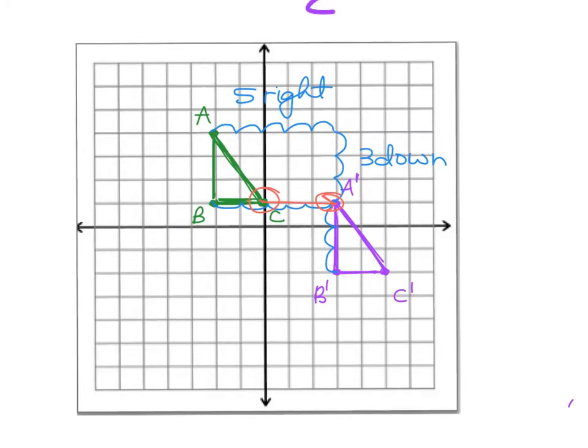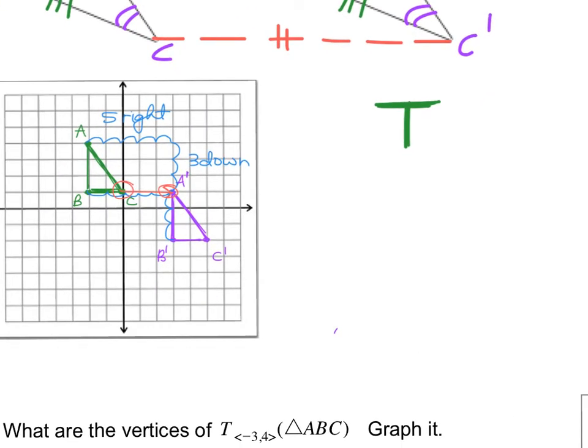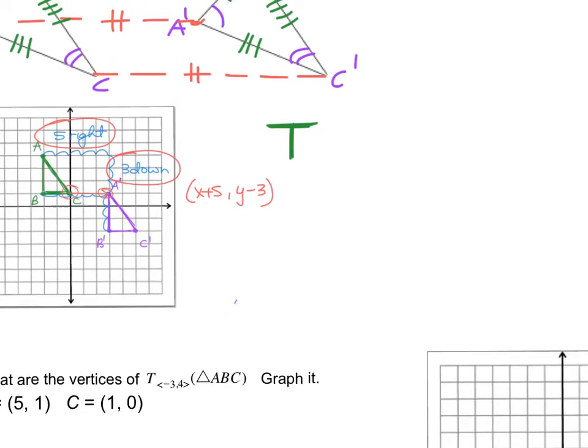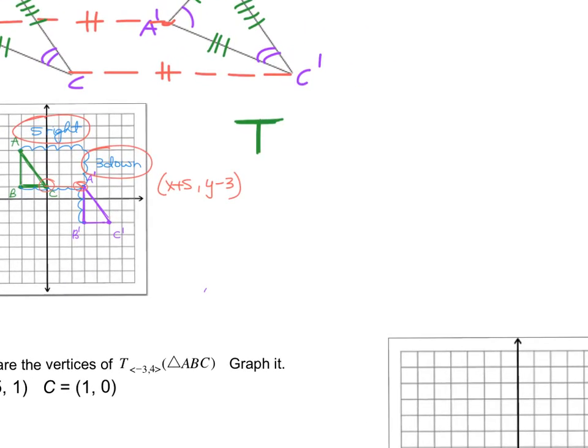So if this is my setup, and we said we went 5 right and 3 down, you write it like this. Basically, we're saying it's our X value plus 5, and our Y value minus 3. So when you write a translation, we do a capital T, and then you use these pointed brackets. It's called a vector that we're showing.